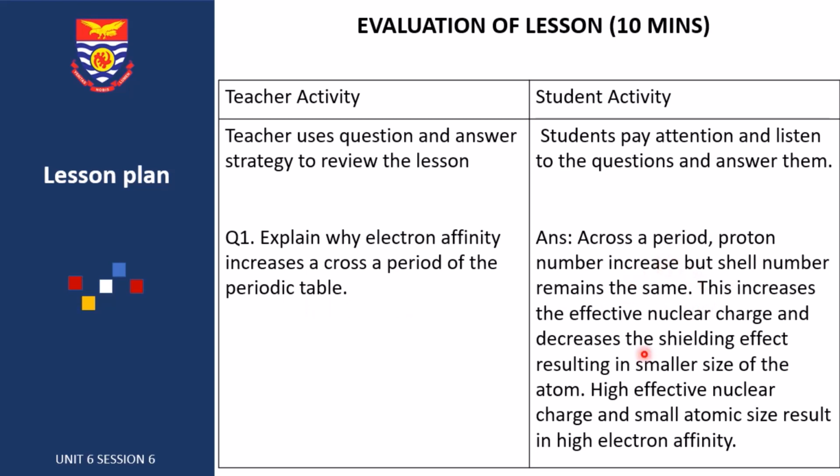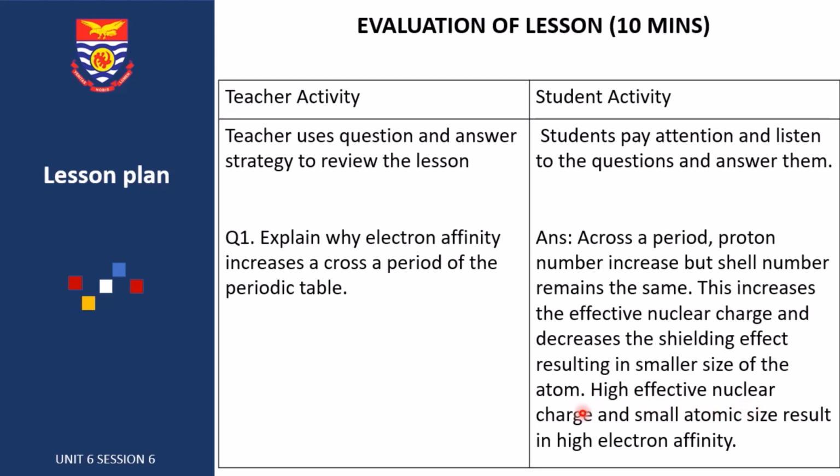So this time round, you are expecting students to provide the answers here, as across a period, proton number increases, but shell number remains the same. This increases the effective nuclear charge and decreases the shielding effect, resulting in smaller size of the atom.